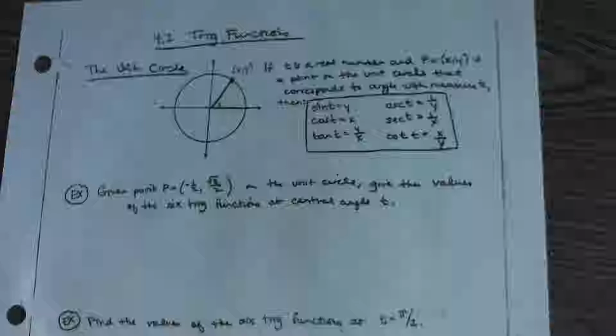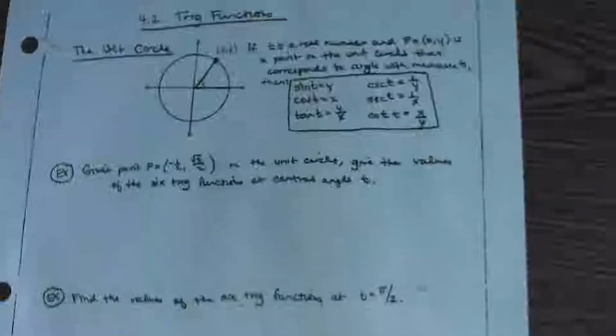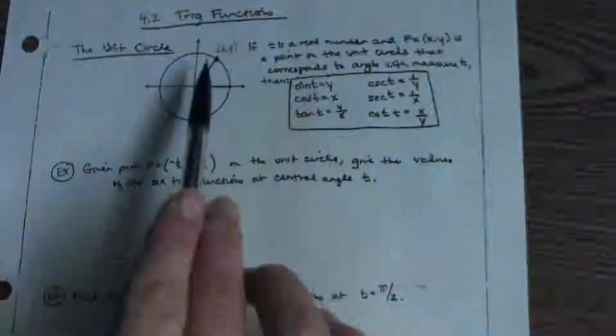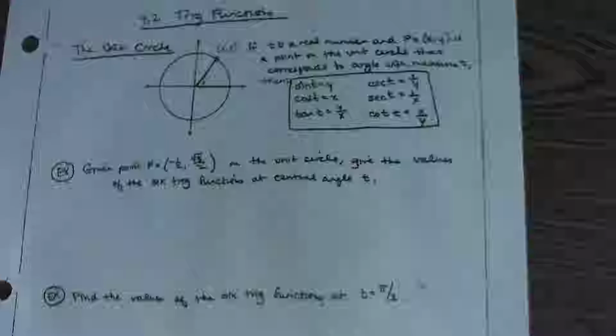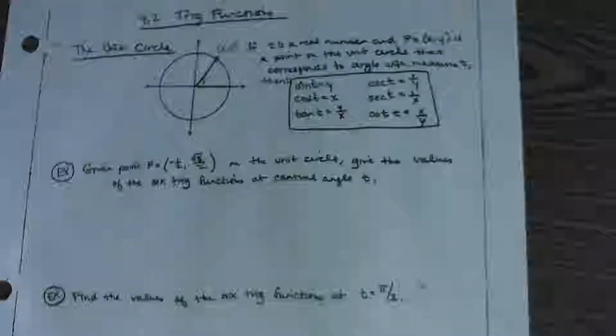Who can explain why the sine of T is just the y coordinate? Why is the sine of T just going to be the y coordinate of that point on the unit circle? Okay, let's go back to SOHCAHTOA. Sine is equal to what over what?